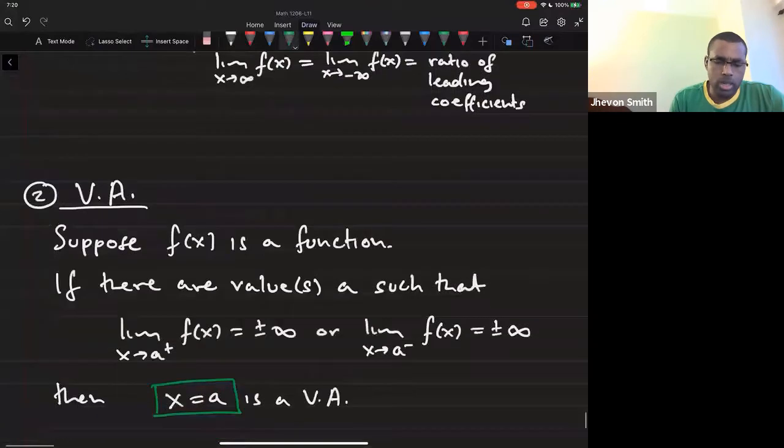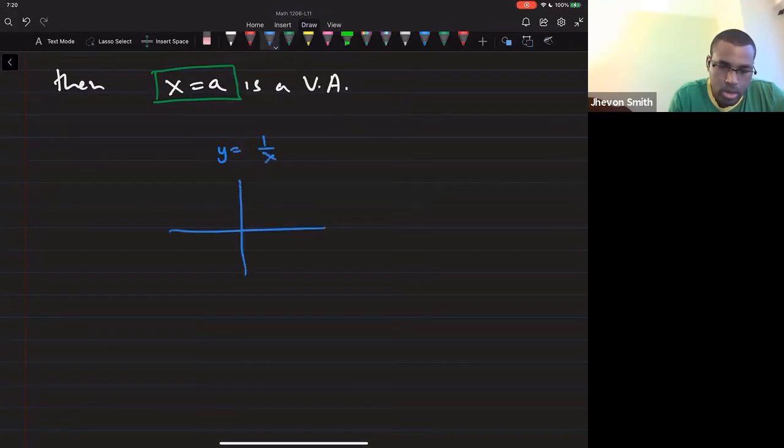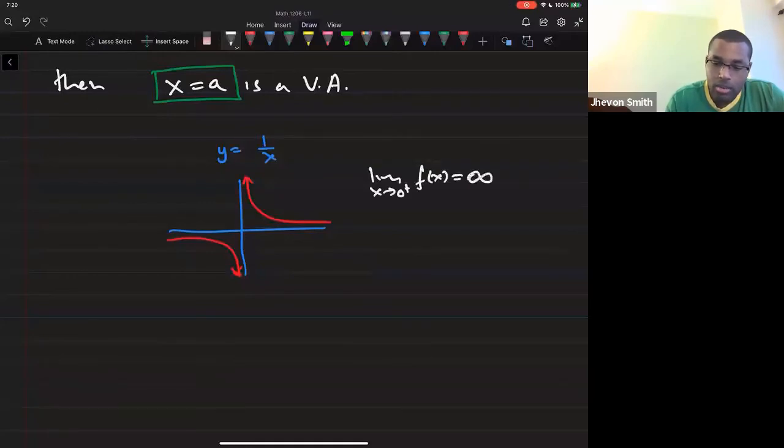Yeah, we already saw an example. You know, the y equals 1 over x. Right. So notice that the limit as x approaches 0 from the right of f of x equals infinity, and the limit as x approaches 0 from the left of f of x equals negative infinity.